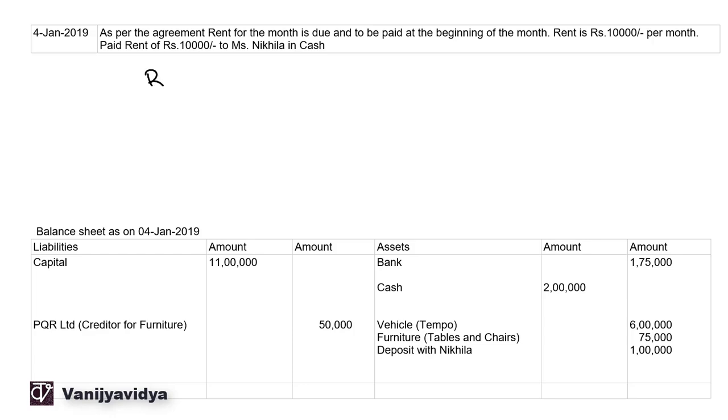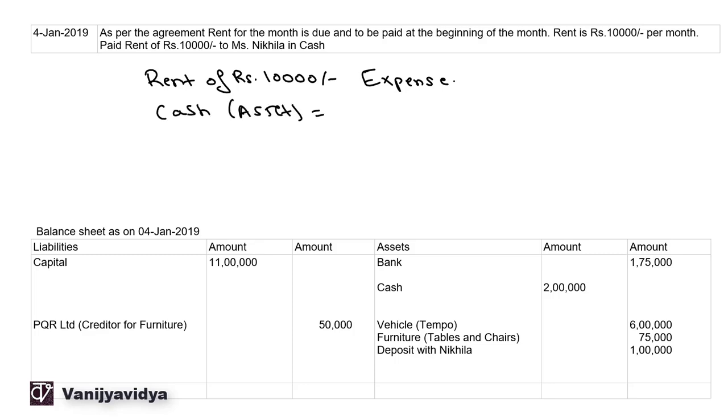So now this rent of rupees 10,000 is an expense. Okay, and since it is paid in cash, cash is an asset. So there is a decrease in asset since it is paid in cash.